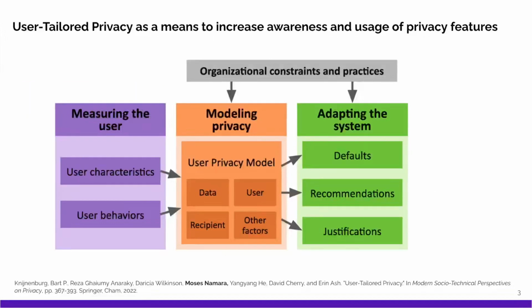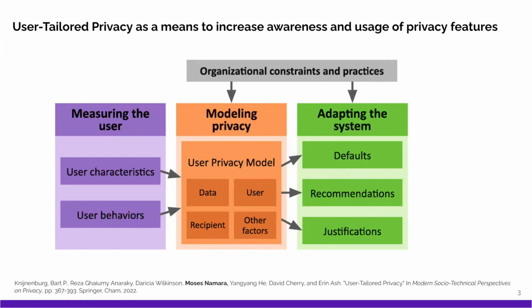To help increase awareness and usage of privacy features, a number of privacy researchers have advocated for adaptive approaches that involve modeling user privacy preferences and automatically tailoring privacy settings to match the user's privacy preferences.